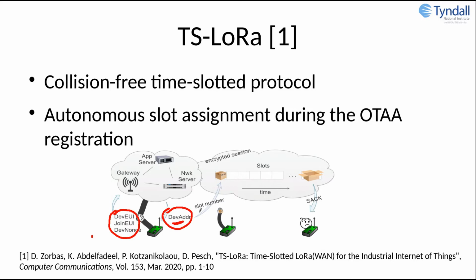So in TS-LoRa we manipulate this device address, and using a simple hash function we translate this device address to a slot number. So using the same registration mechanism as LoRaWAN, we can get the slot without transmitting extra information. If you want to know more about this mechanism, you can check the publication on the bottom of this slide.